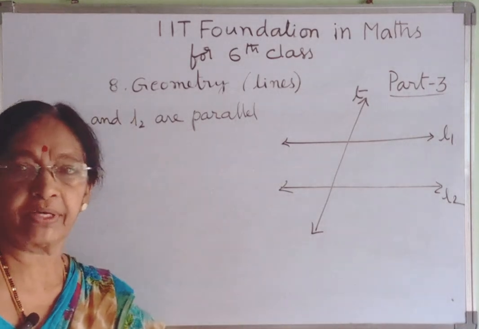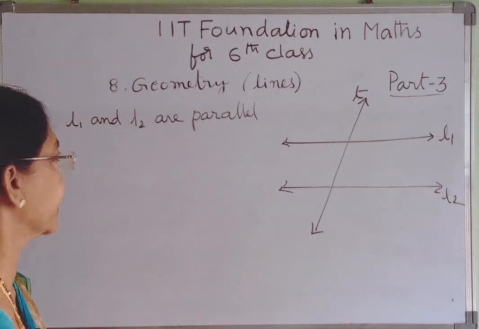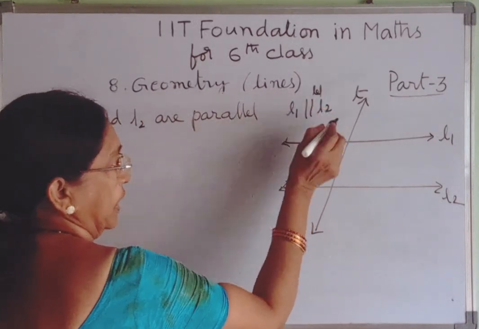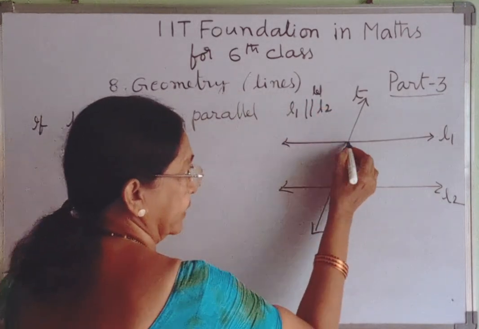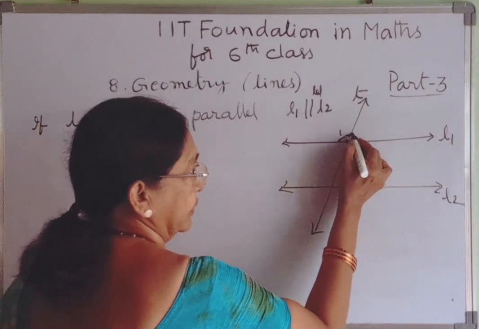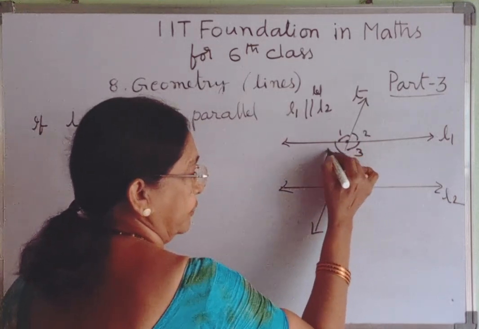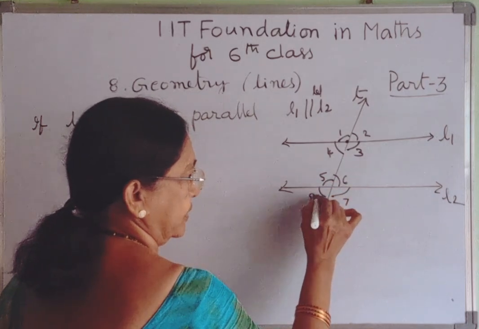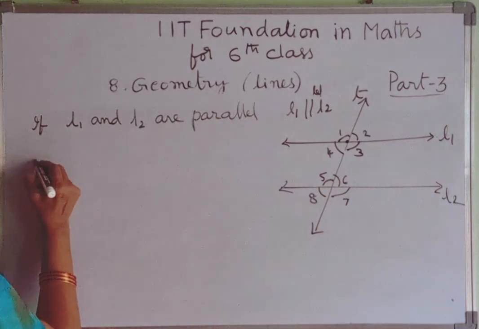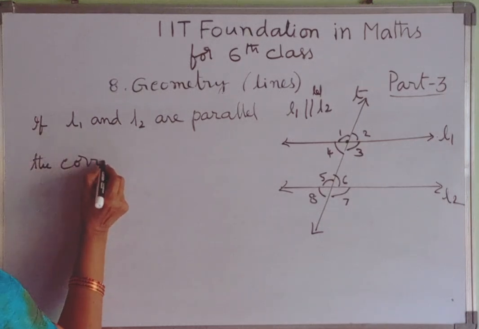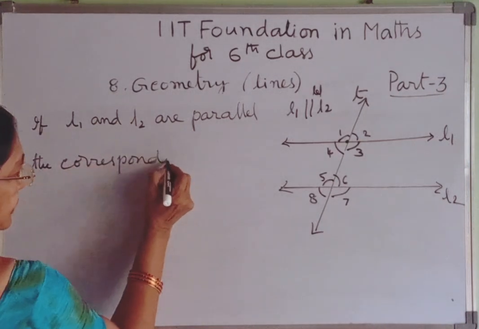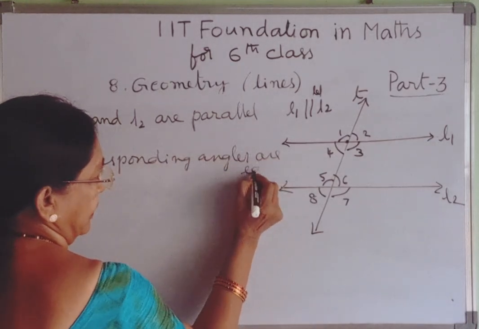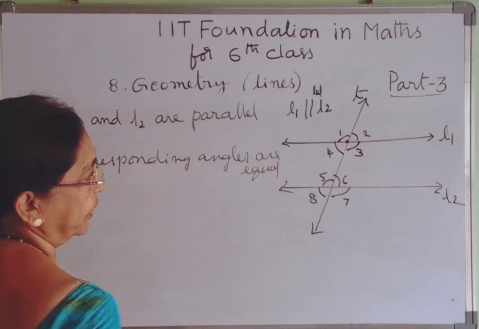Now if L1 and L2 are parallel to each other, that is L1 is parallel to L2, then the corresponding angles are equal.